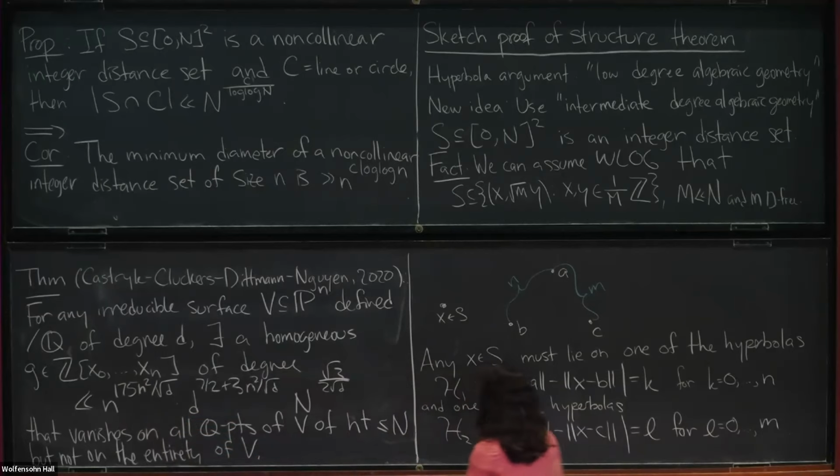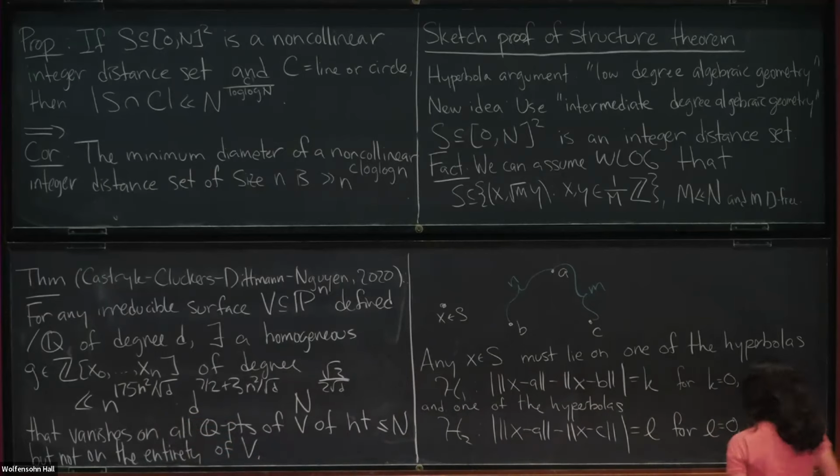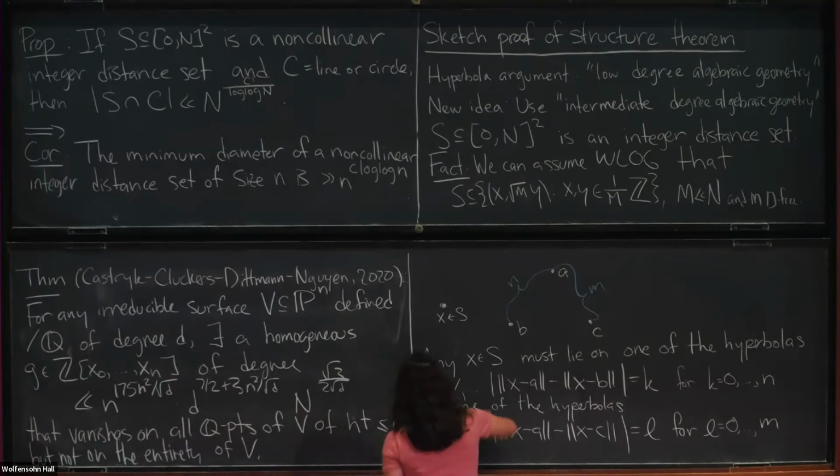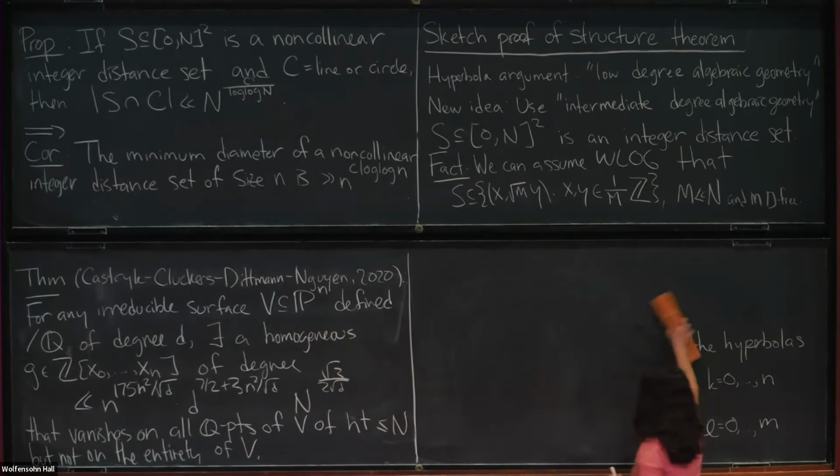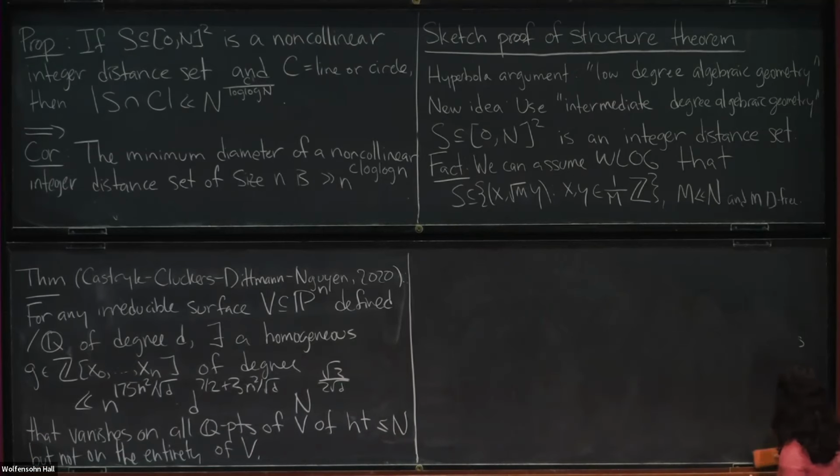So that's where the log comes from. And so what this gives us, after applying this theorem and projecting, is that S itself is contained in the union of a small number of irreducible low degree curves.